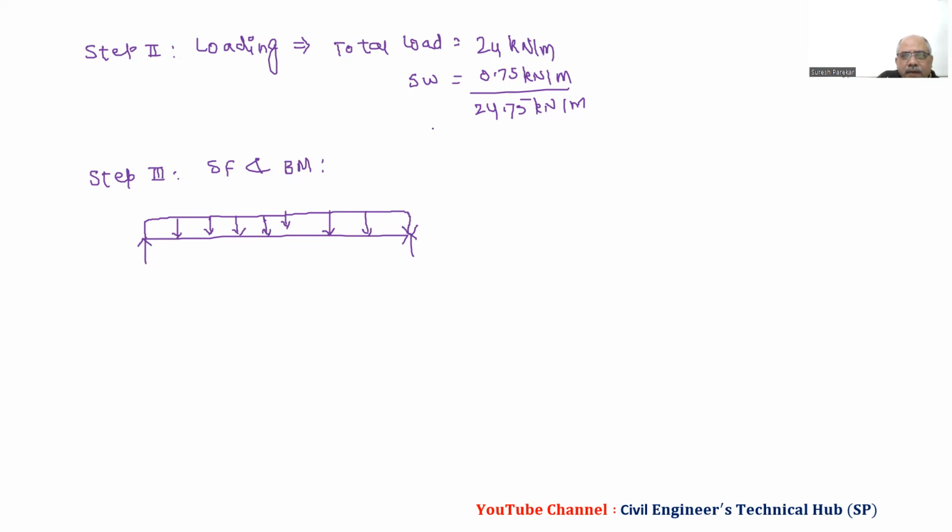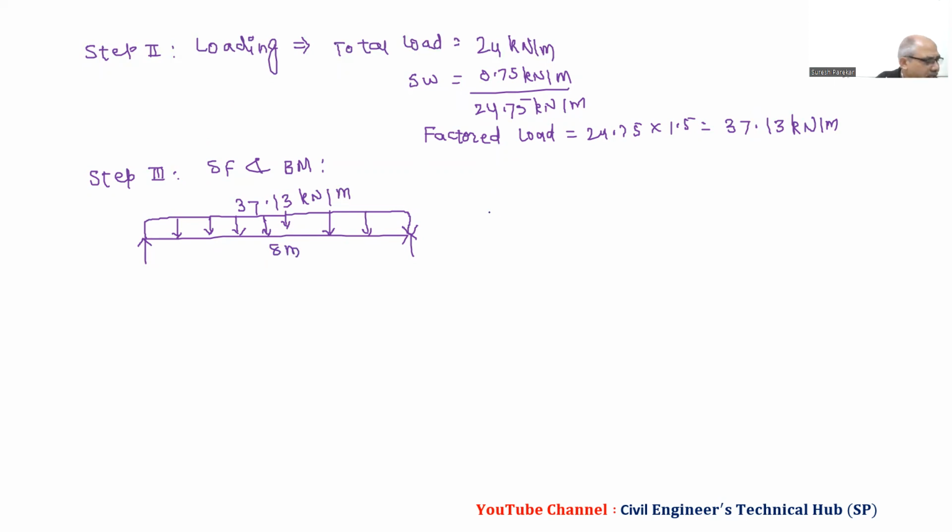Now we have to make it factored. Factored load equal to 24.75 into 1.5, and it comes to 37.13 kilonewton per meter. So this is 37.13 kilonewton per meter. This is 8 meter.